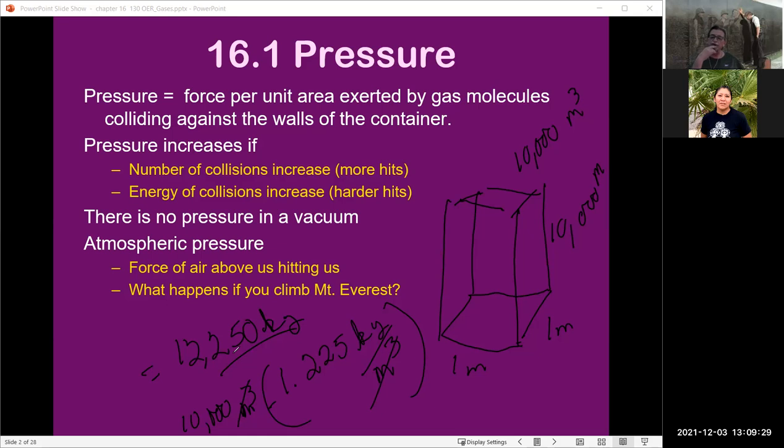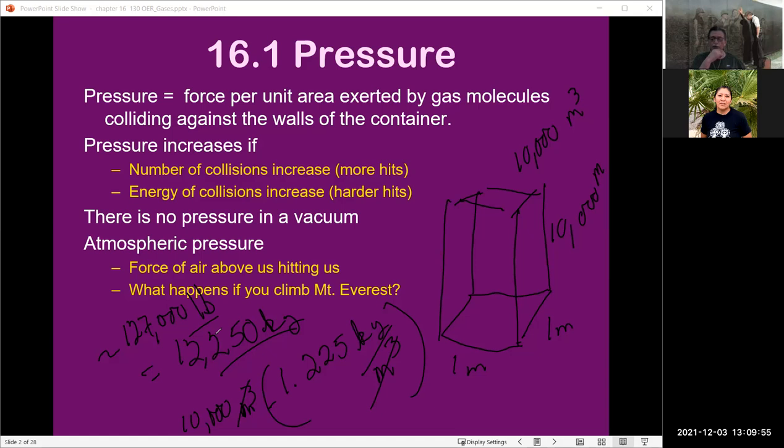That's how much weight is on you right now. Check my numbers, but that's about 127 pounds of air hitting on you. Obviously there's a variation, because as you go up higher, there's not that much air. But that gives you an idea of how much air is hitting on you.